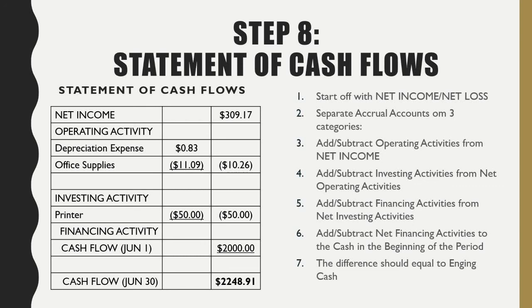So in this case, you're going to take two numbers. One is going to be your beginning checking balance as of June 1st, and then the last number should equal out your ending balance in your checking account as of June 30th. Okay. Now this one poses a lot of issues, especially if you are in an accrual type basis of a company.